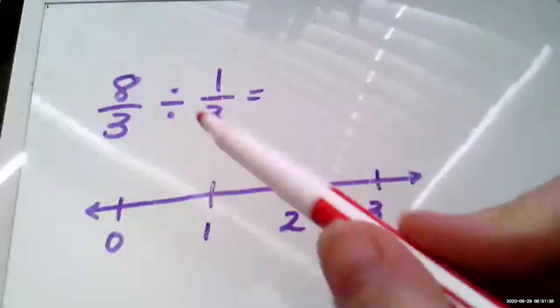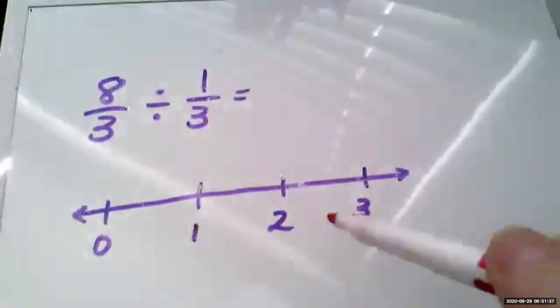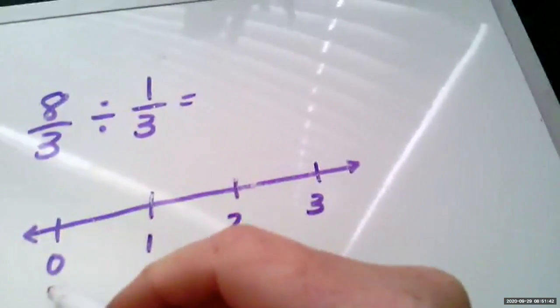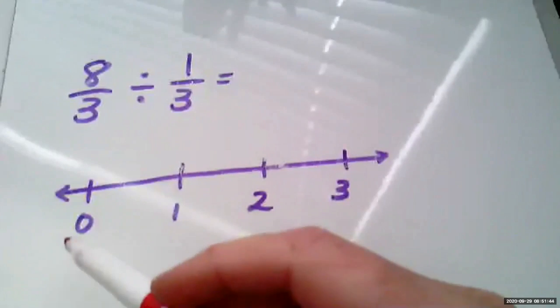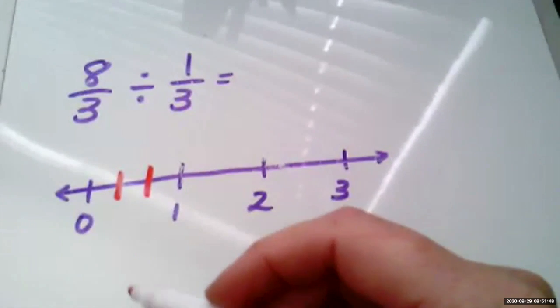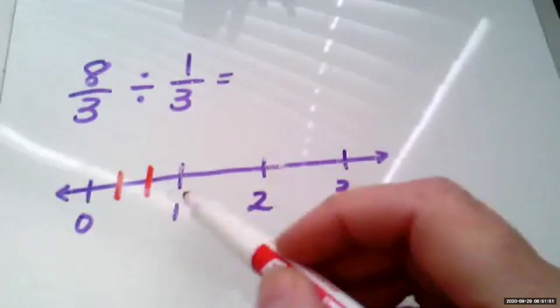All right, 8/3. First thing I want to do is find 8/3. So I know that thirds, if I have my whole numbers on a number line, okay, 8/3, I have 1/3, 2/3, and I'm just making thirds here in between my whole numbers.